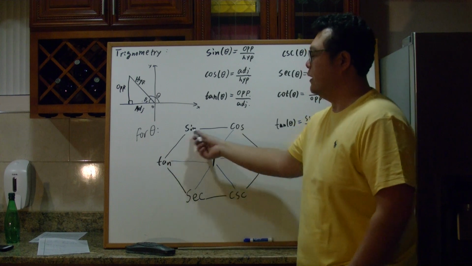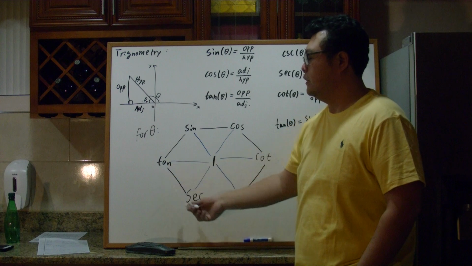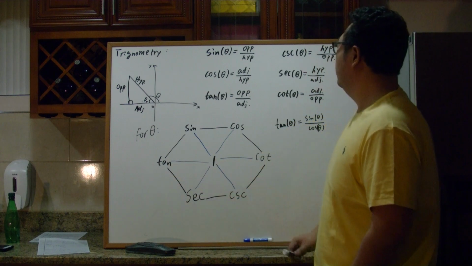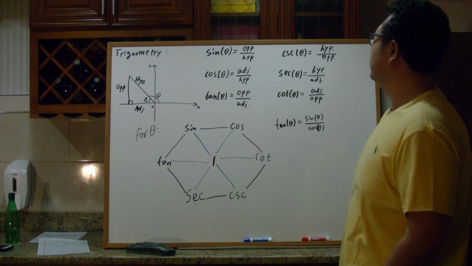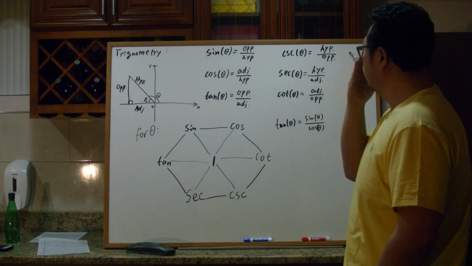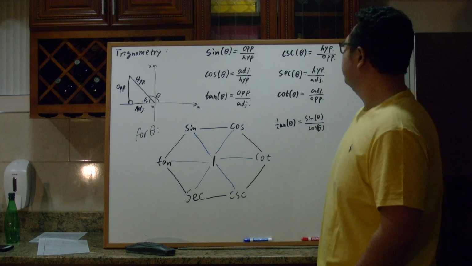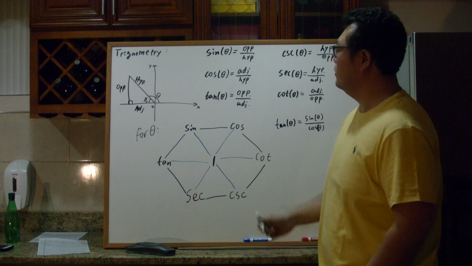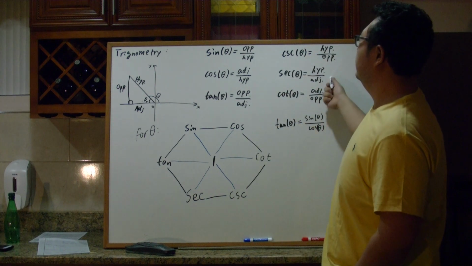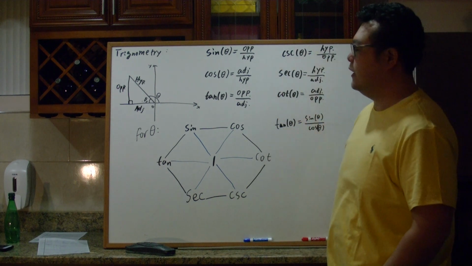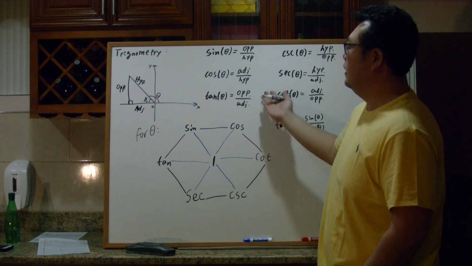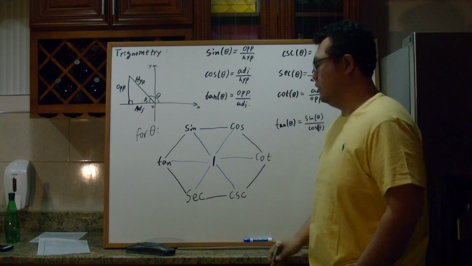Tangent is sine over cosine, tangent is also equal to secant over cosecant. When you view it in this case, secant over cosecant, when they divide each other, they become opposite over adjacent.